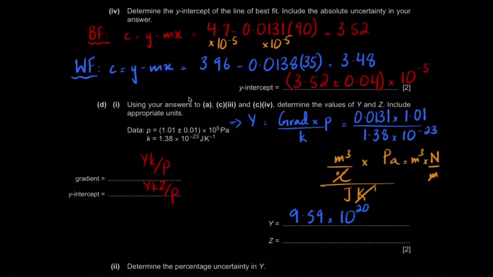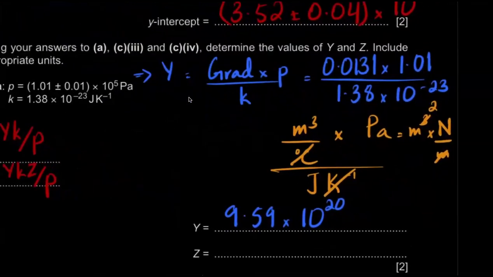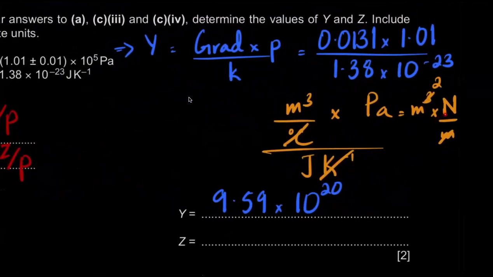Force over area. So this becomes Newton meter squared, which is also the same thing as the joule. Work and Newton meter squared, these are the same thing.